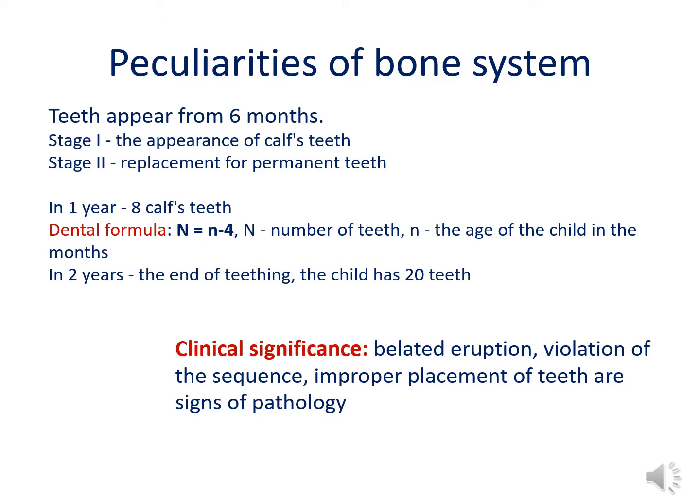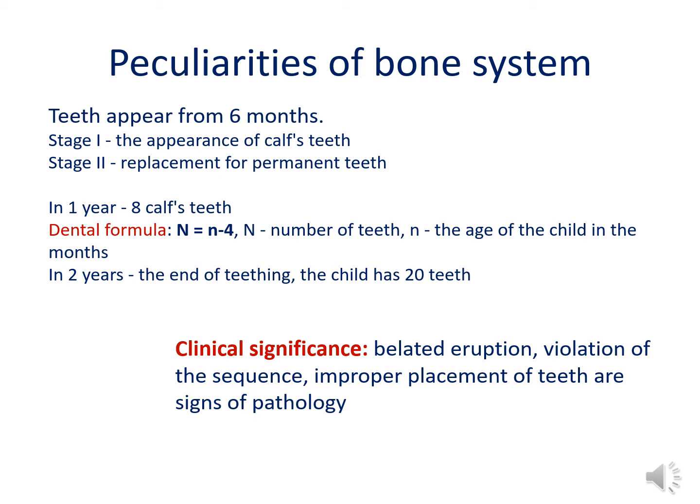Teeth in babies appear from 6 months. The first stage is the appearance of baby teeth, and the next stage is replacement by permanent teeth. At 1 year, normally 8 baby teeth should be present.